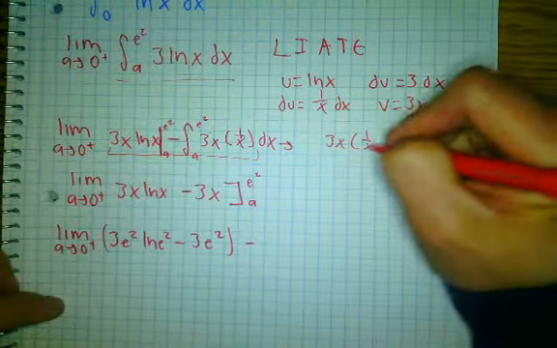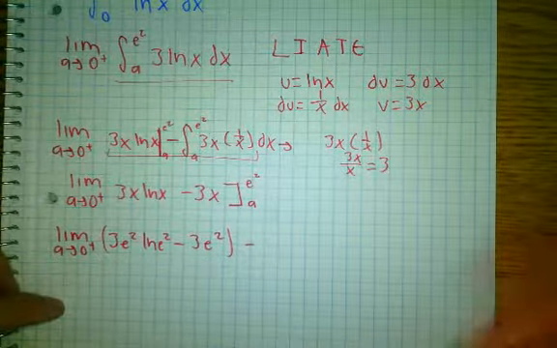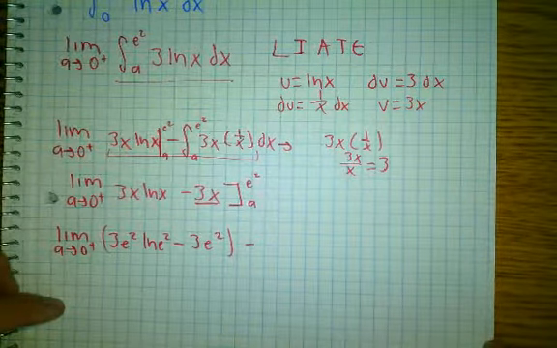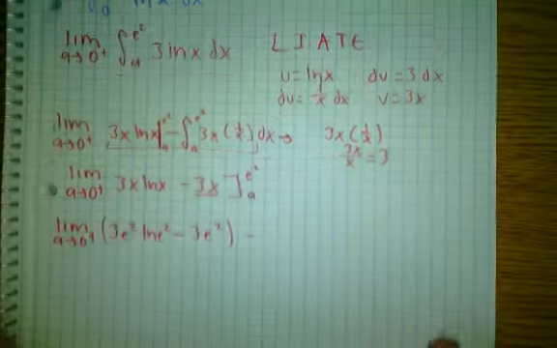When you multiply 3x times 1 over x, that becomes 3x over x, which becomes 3, and then you integrate that. The integral of 3 is 3x. So you basically integrated f of x.